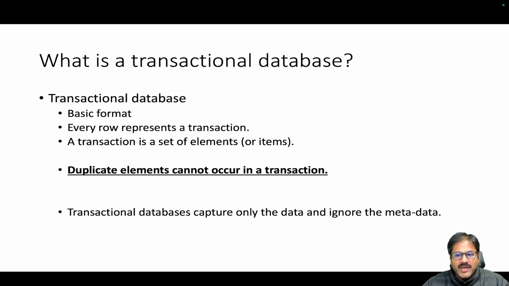We have to keep in mind that duplicates cannot happen in a transaction. Every word or element in a transaction has to be unique. If your dataset has duplicates, please remove them when you are converting into a transactional database.